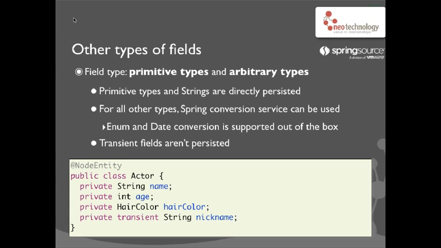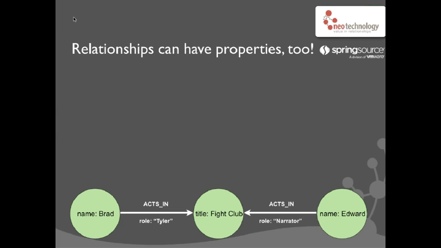So in this case, we have an actor with name, age, hair color, and nickname. And hair color is an enum, and that enum will be automatically serialized to the graph and then deserialized on the way up. Transient fields are handled the way you would expect, i.e. they're ignored. They're not persisted at all by Spring Data Graph.